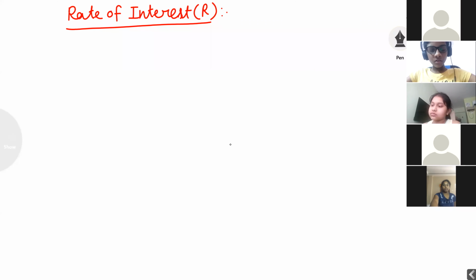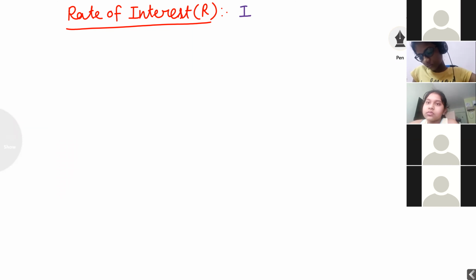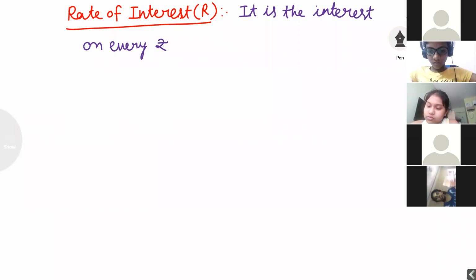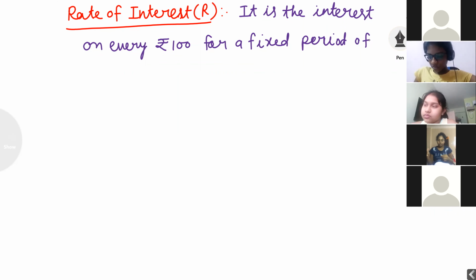Note down. It is the interest on every 100 rupees for a fixed period of time.